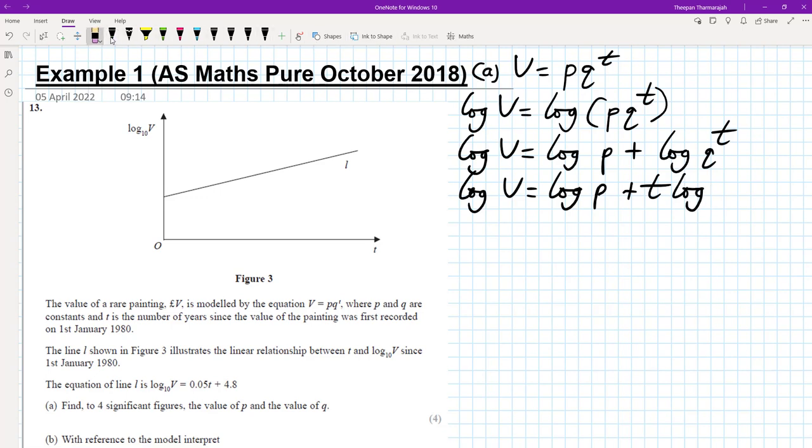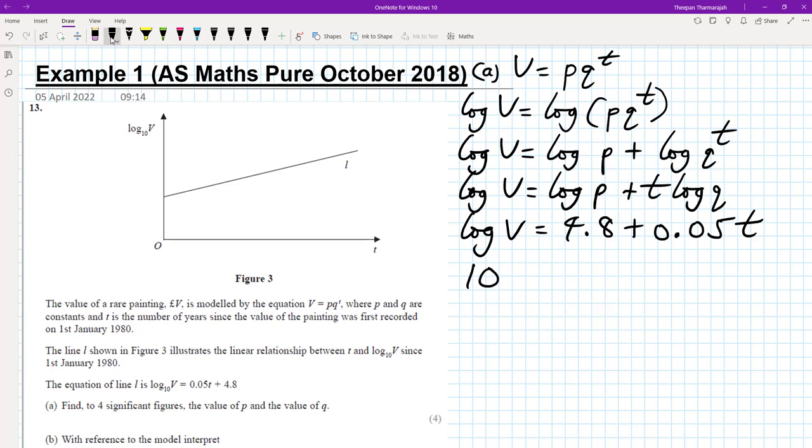So now that we have that, we can write down what they have. So we've got log v is 4.8 plus 0.05t. So now what we're going to do is anti-log this.